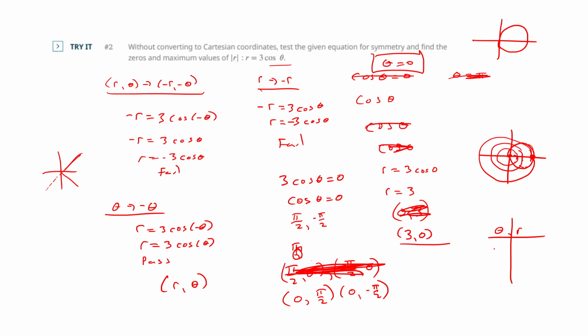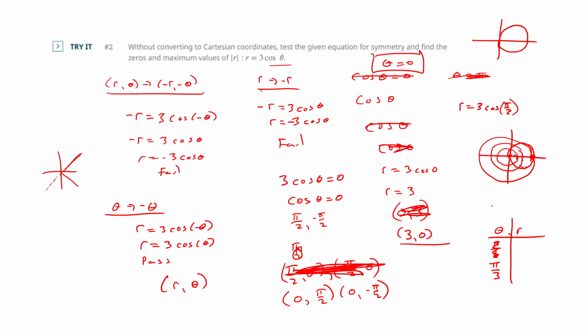Suppose we picked pi over 6, which is 30 degrees. Actually, let's pick pi over 3 because you're going to get a nicer number.